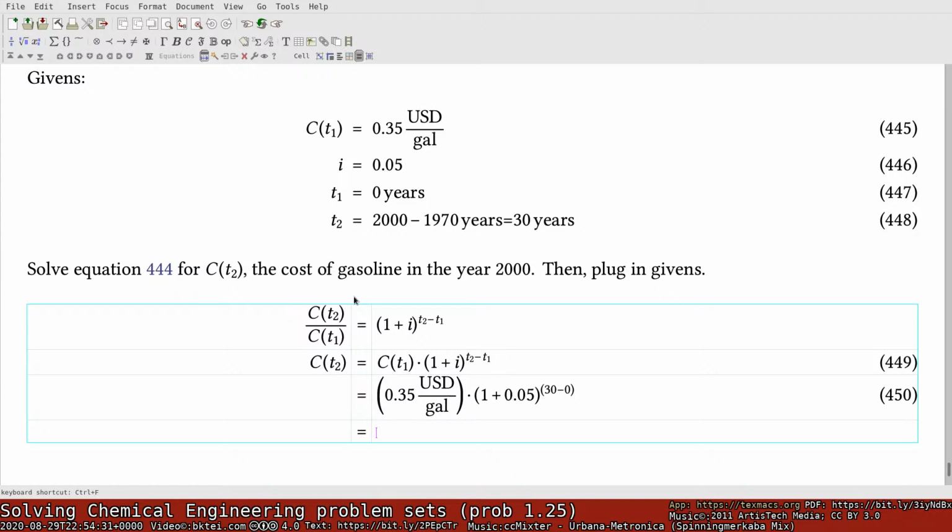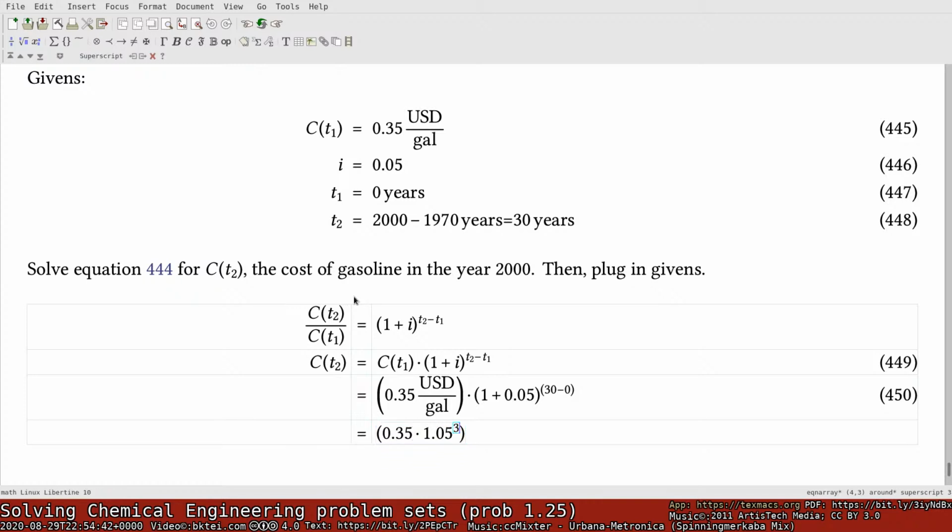What have we got? I think the units should just pop out. 0.35 times 1.05 raised to the 30 times USD per gallon.